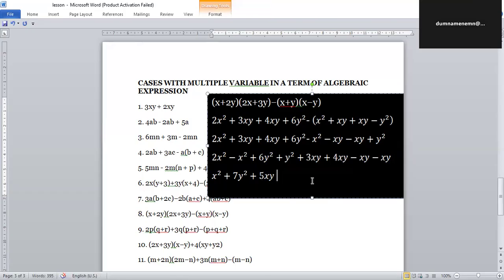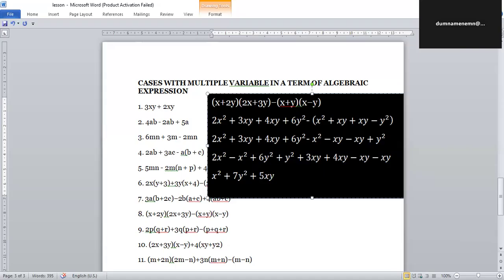All right, do you see there's nothing the same that we can actually add and subtract again? So this is our final answer for this particular question. What question was that? That was actually question 8. So you can apply this knowledge in solving question 9 and also question 10.